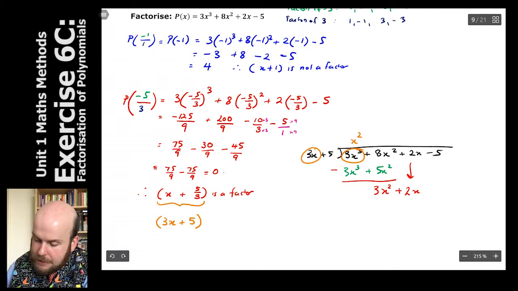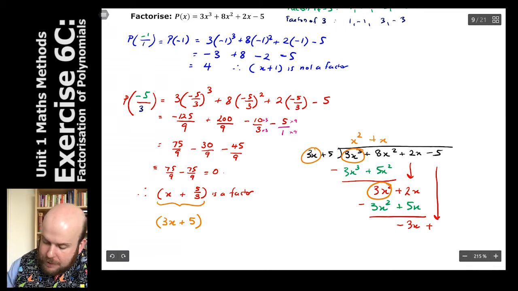Bring that down. And then we're going to divide 3x squared divided by 3x. Well, that just leaves a lovely bit of x left over. x times 3x gets me 3x squared. x times 5 gets me 5x. And then I go into minus these friends. So 2x take away 5x is negative 3x.